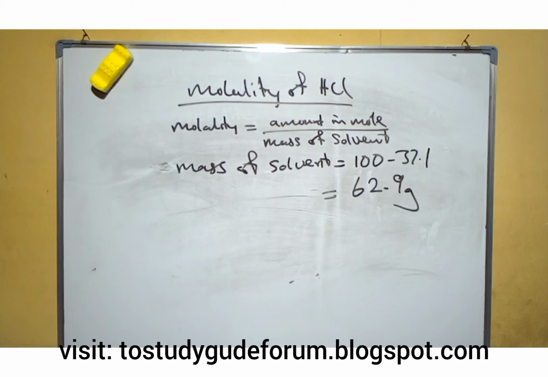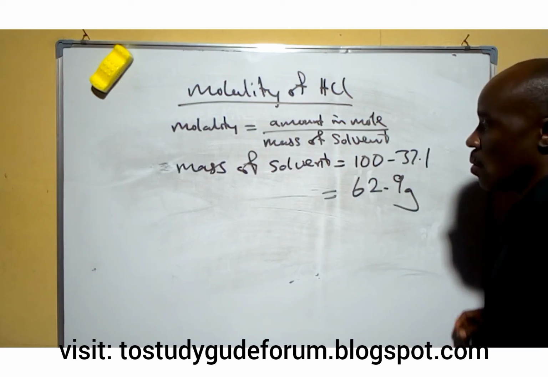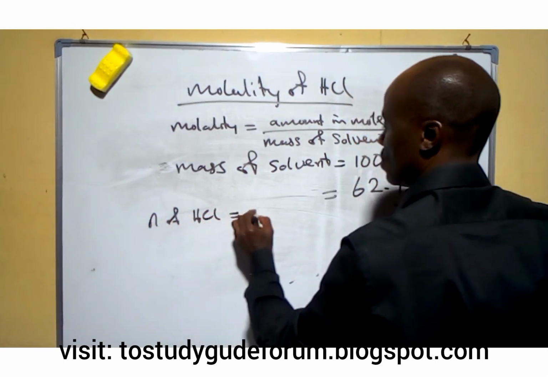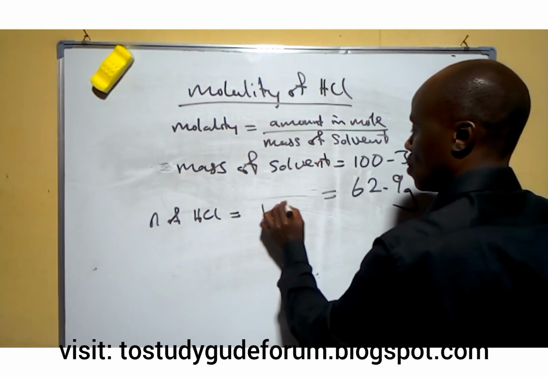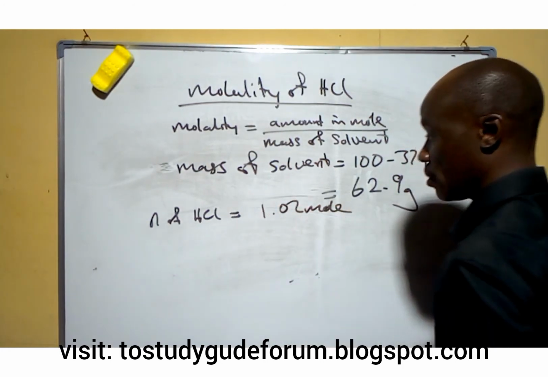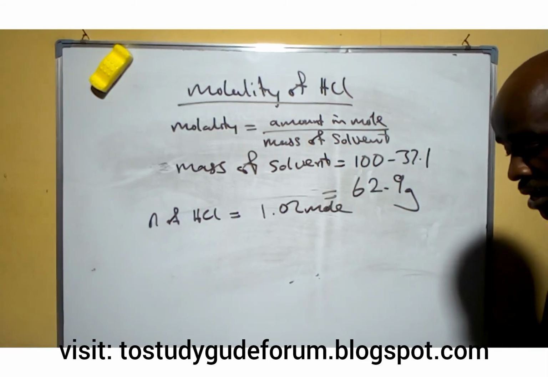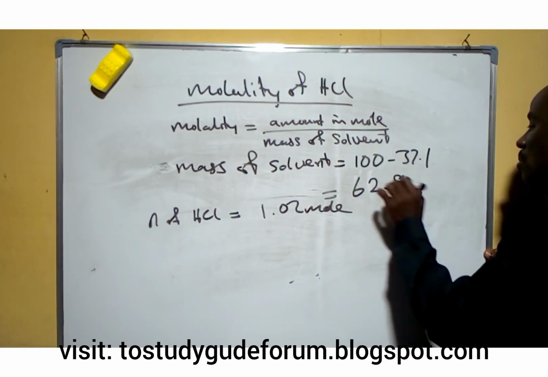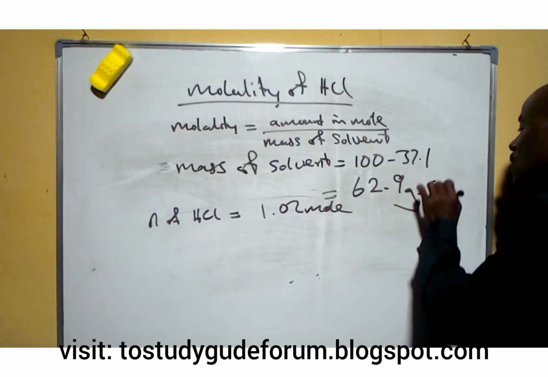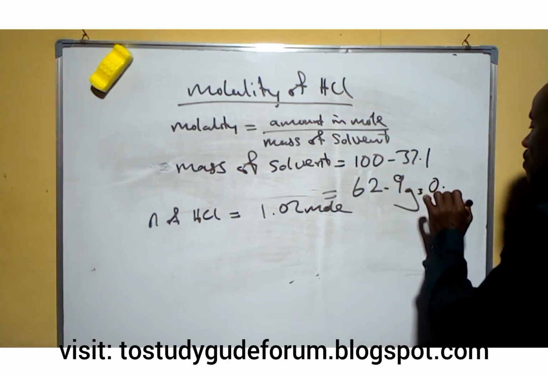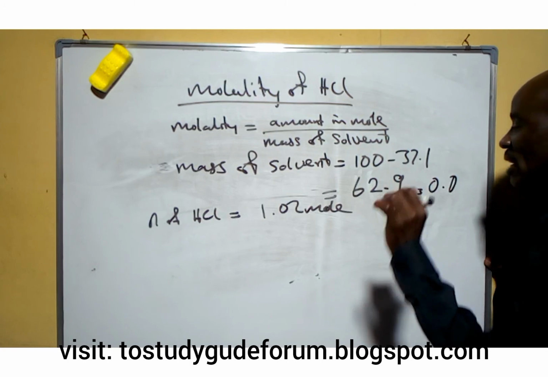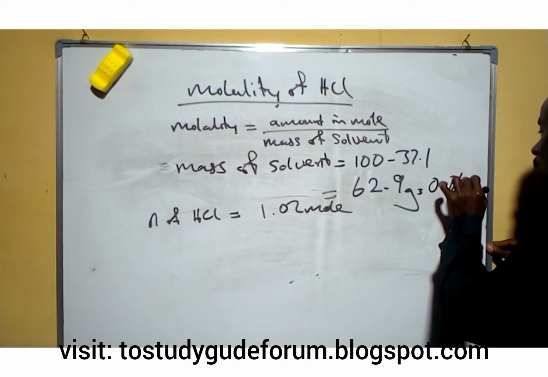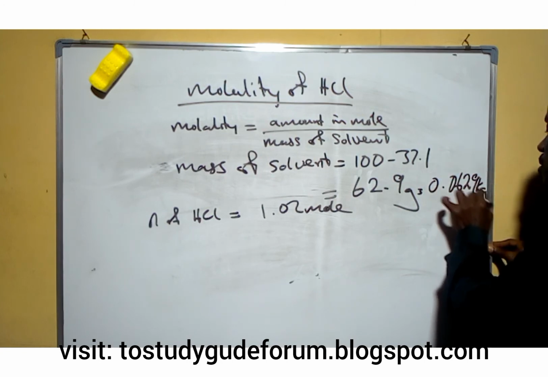The next thing is that we already know the mole, that is the amount of hydrochloric acid, is 1.02 moles from our previous calculation. Now to calculate the molality, this will also be in kilogram. This is gram. We can convert to kilogram by dividing by 1000, and we'll have kilogram.